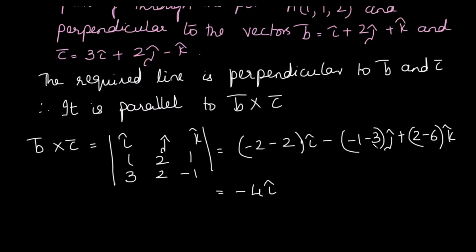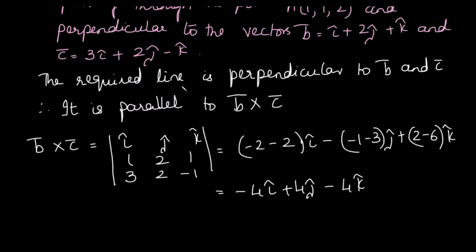Minus 1 minus 3 is minus 4, and minus into minus is plus, so plus 4j, and in the same way minus 4k. So B cross C is this.